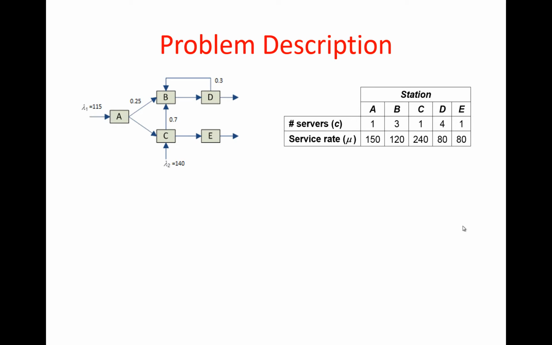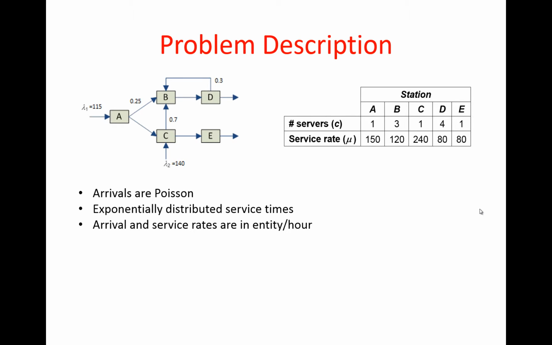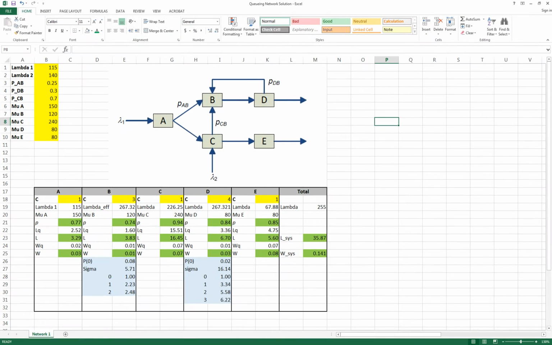So the arrivals are assumed to be Poisson, and our service times are also exponentially distributed. Both arrival and service rates are represented in the units of entity per hour. As you can see, the assumptions of this queuing network are in line with a Jackson network.